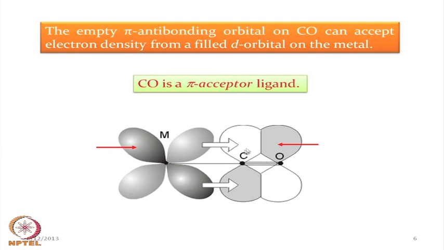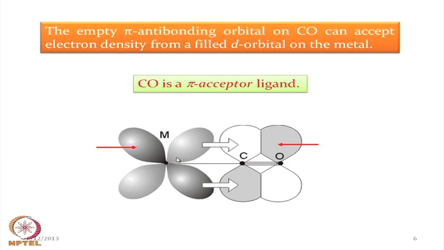So, like our p orbitals, what we have seen in our previous slide, if we have a single ligand center, a single monoatomic ligand center, can be nitrogen, can be oxygen, the p orbital was utilized for the corresponding donation or acceptance of electron density from the metal dxy or dxz or dyz, or rather the metal t2g orbitals which are filled.